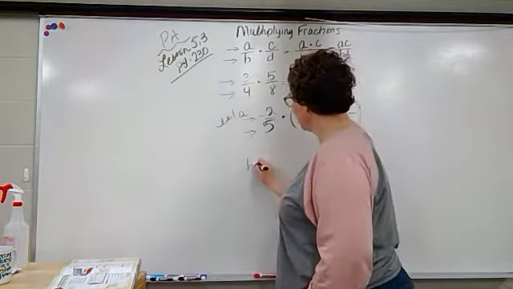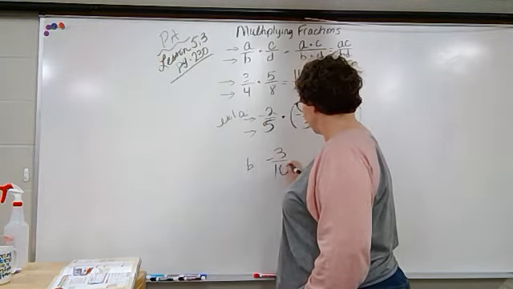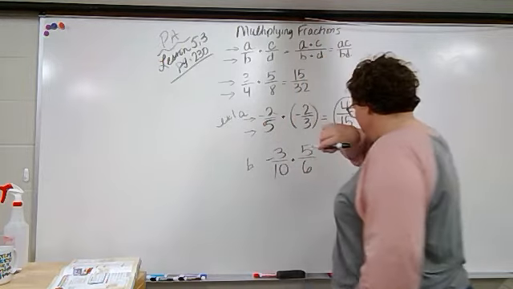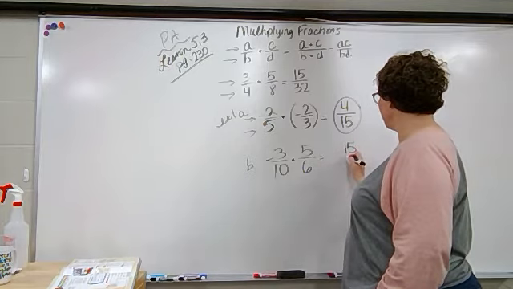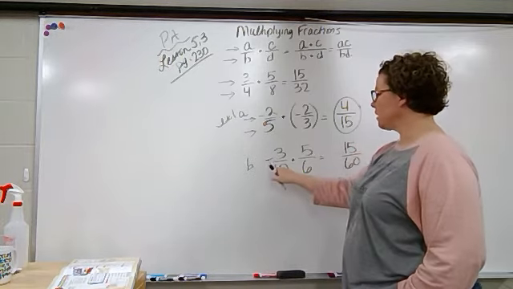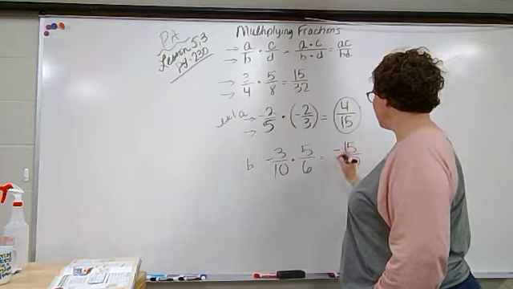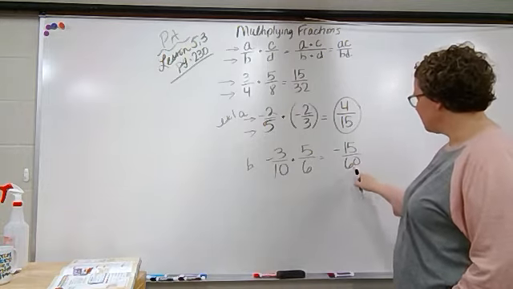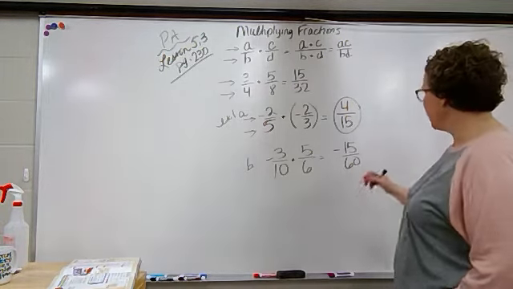Okay? Example 1B says -3/10 times 5/6. I multiply straight across and I get 15 over 60. But look, I've got a negative number times a positive number. So that means that it's negative. And 15 is a factor of 60. So I am able to simplify this.